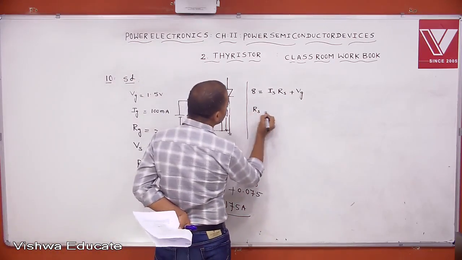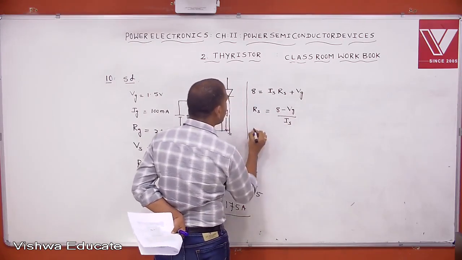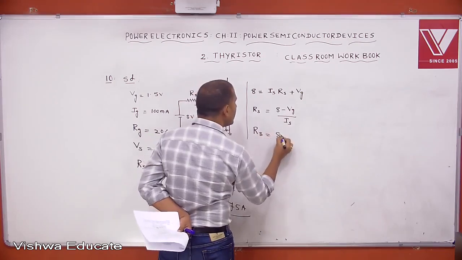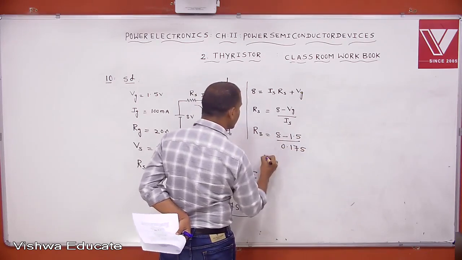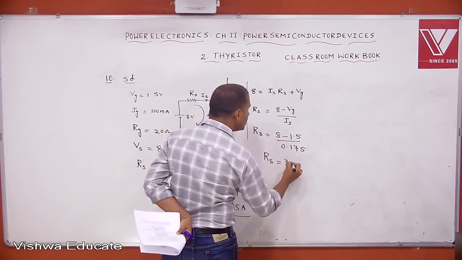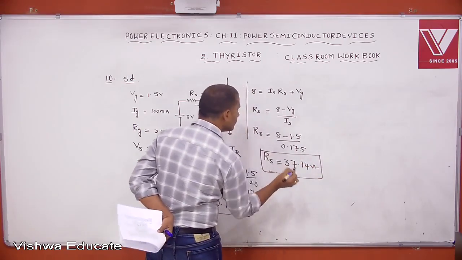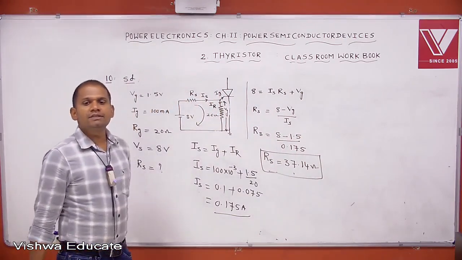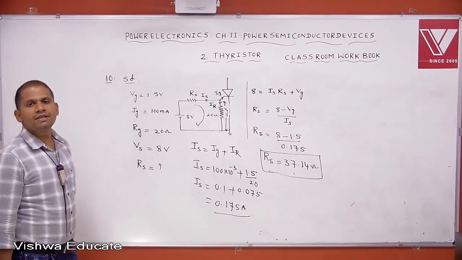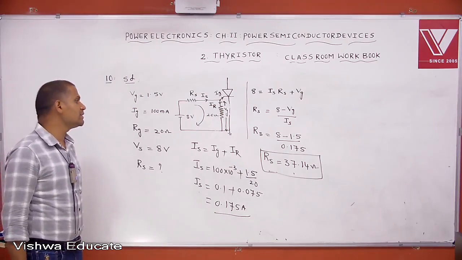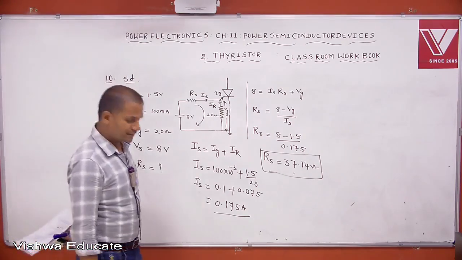Rs equals 8 minus 1.5 over 0.175 amperes. Then you get Rs equal to 37.14 ohms. This is the resistance we can connect in series with the gate circuit.